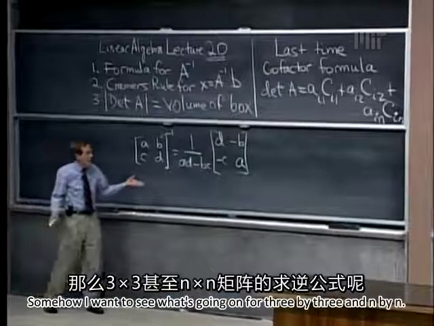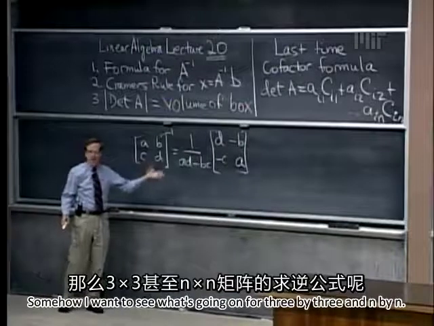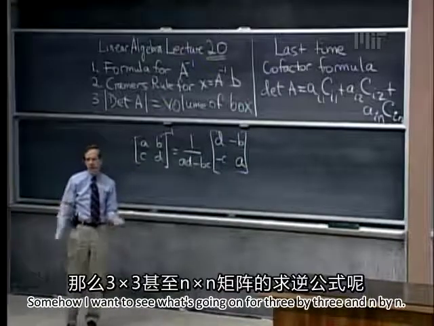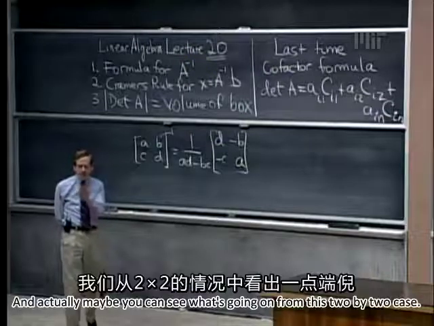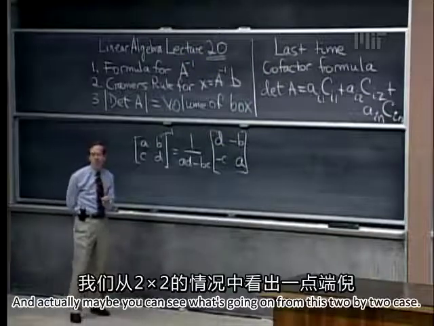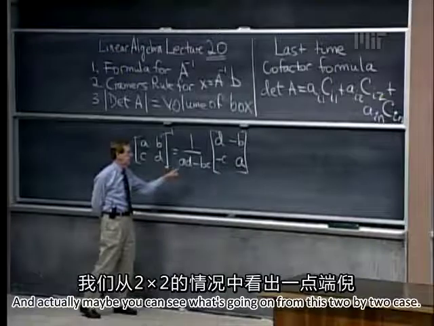Somehow, I want to see what's going on for 3 by 3 and n by n. And actually, maybe you can see what's going on from this 2 by 2 case.